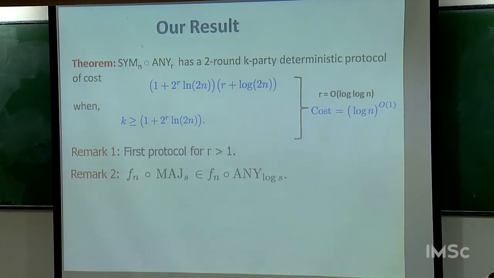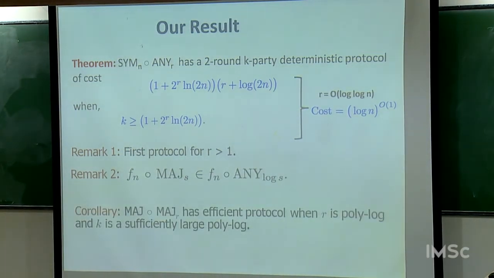So this lies over here. This theorem along with this observation shows that majority composed with majority of R has an efficient protocol when R is polylog. The previous result showed that when R was 1, this has an efficient protocol, but now we can show that if R is polylog, we still have an efficient protocol. Of course, the previous result was simultaneous. This is not simultaneous.